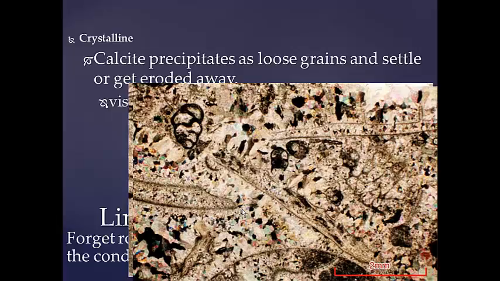Another really cool thing about this image is take a look around the fossil fragments and you'll see finer calcite grains growing out radially from the fossil fragments, much like here. So those small calcite fragments were starting to recrystallize when this rock, these grains, underwent the pressure and compaction and lithification.